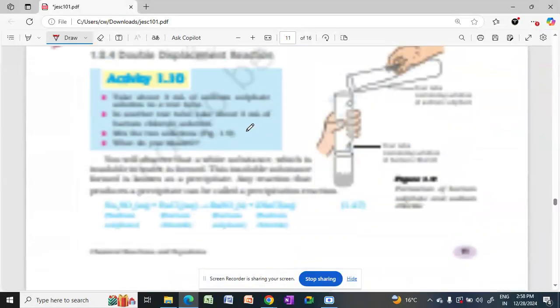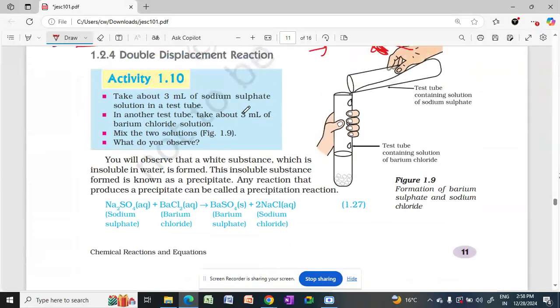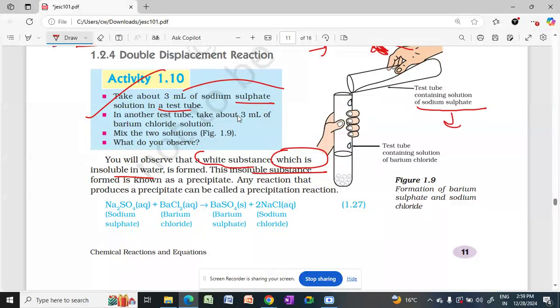So next is the double displacement reaction. Underline this: a white substance which is insoluble in water is formed. In this activity, take 3 ml of sodium sulfate solution in a test tube. What is sodium sulfate?